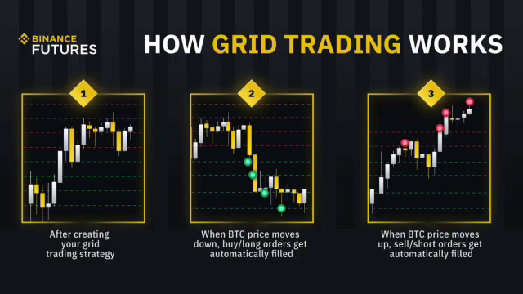Once the buy orders are filled, the bot tries to sell them at a much higher price in order for you to make a profit. So the market needs to go up so that your sell orders can be filled. When BTC finally moves up, the sell or short orders get filled automatically. So this is the basic design of grid trading.